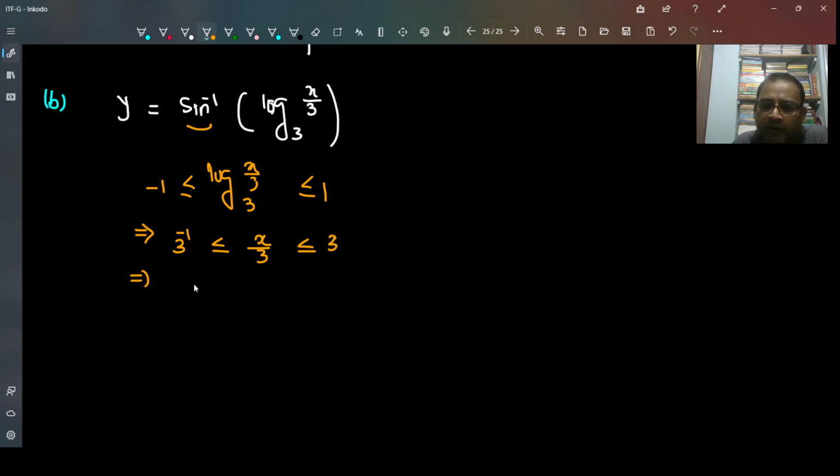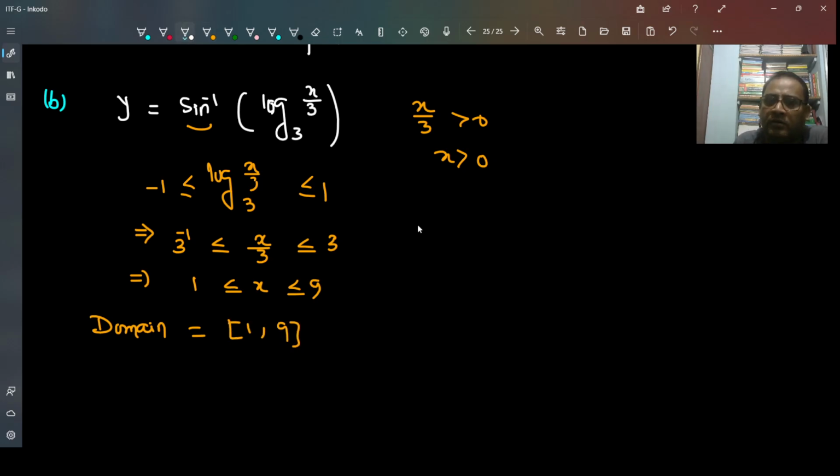Then 3 power minus 1 into 3 is 3 power 0, so 1 is less than or equal to x less than or equal to 9. And log is defined when x by 3 is positive, that means x greater than 0. So 0 to infinity, and here 1 to 9. If you take their intersection, you will get the domain 1 to 9. So the domain of this function will be 1 to 9.